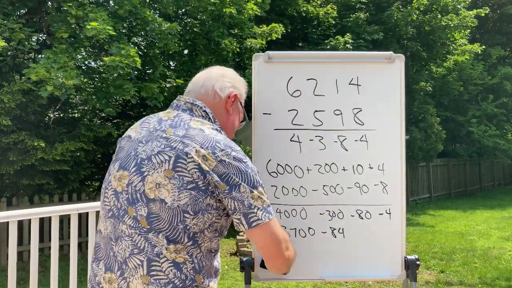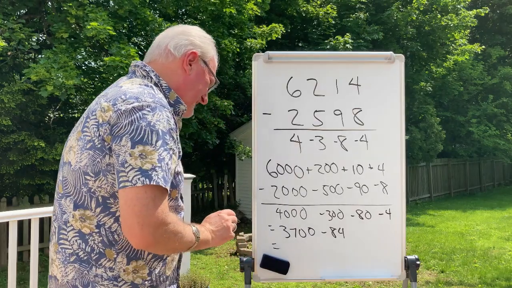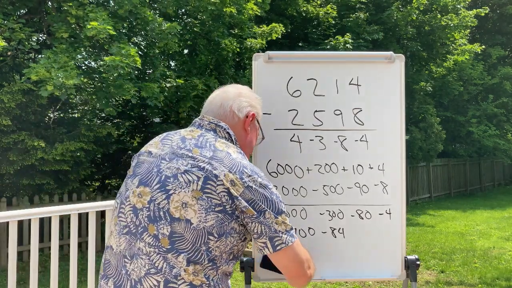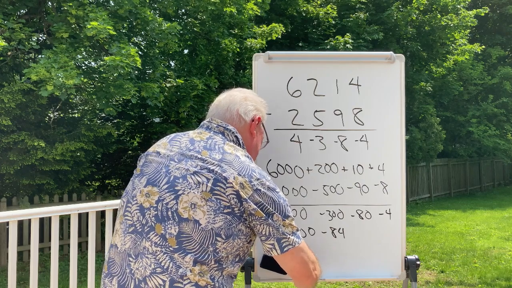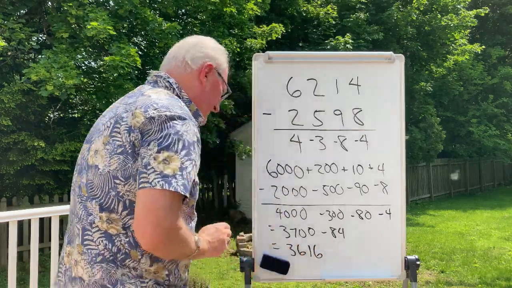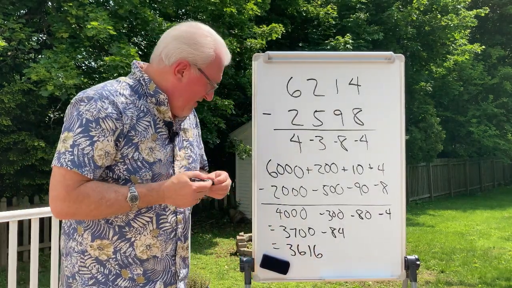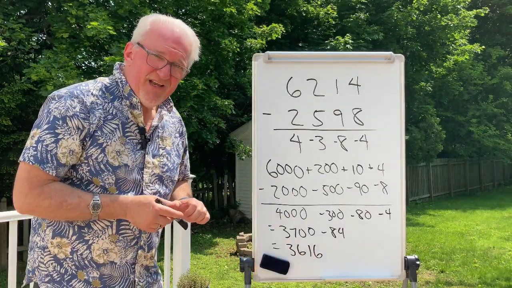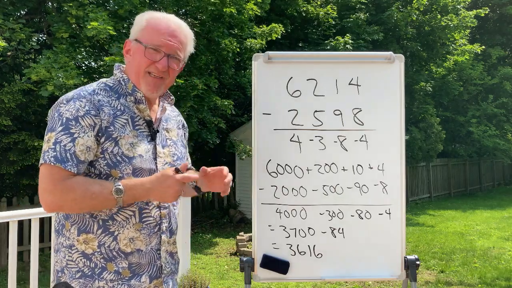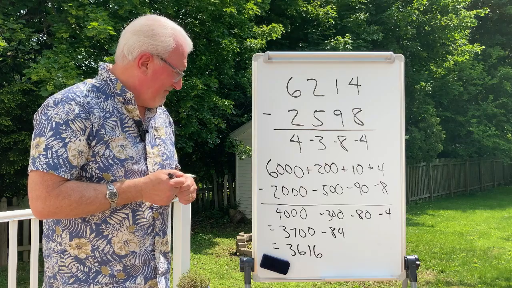And if I do that, let's see, 3,700 minus 84, that is 3,616, I believe. You can check that out, which would be the manner in which society would expect us to express this final answer.